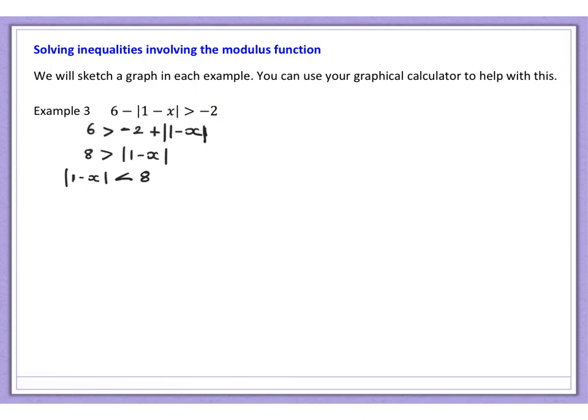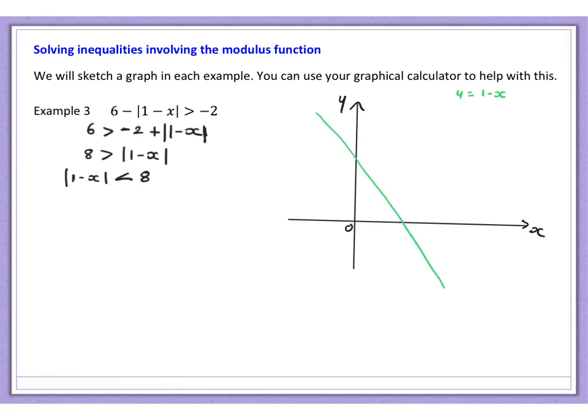So the graphs have not been pre-sketched here, so we are going to do this ourselves. So I'm going to start off by thinking about what the graph of y equals 1 take away x would look like. Well, it's got a gradient of negative 1 and a y-intercept of 1, so it would look like this.